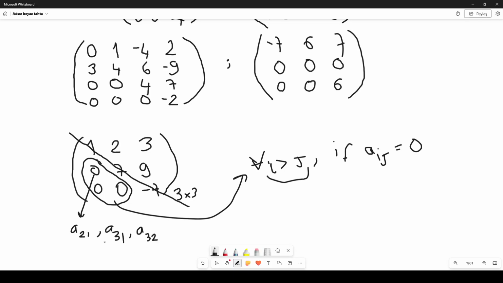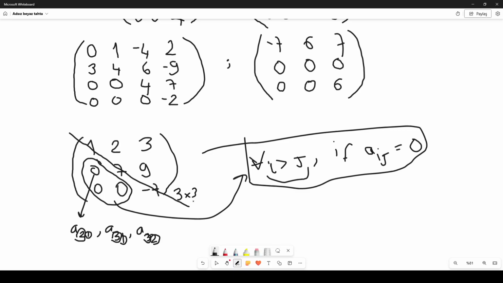These are the entries where the value of i is greater than the value of j. This is 3 2, this is 2 1: 2 is greater than 1, 3 is greater than 1, and 3 is greater than 2. That is the definition of an upper triangular matrix.